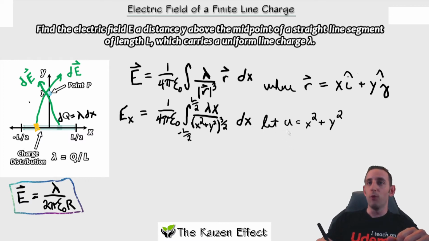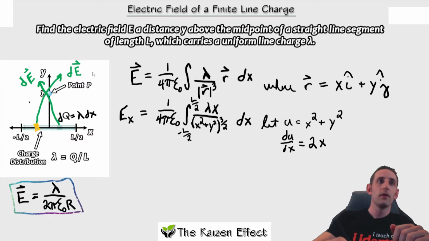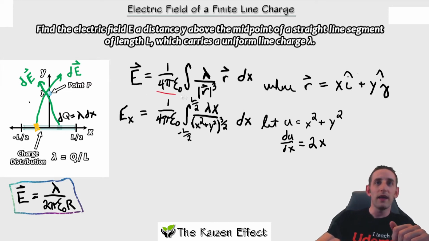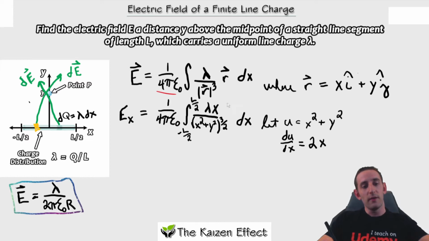And just do what we do with u subs. So we know that we just take the derivative on both sides, du dx. That is equal to 2x. The y is a constant in this case. We're stuck at y right here. And we want to isolate an x dx because that's what we have. Sorry about that, guys. Still getting used to this pad, but we have this right here.